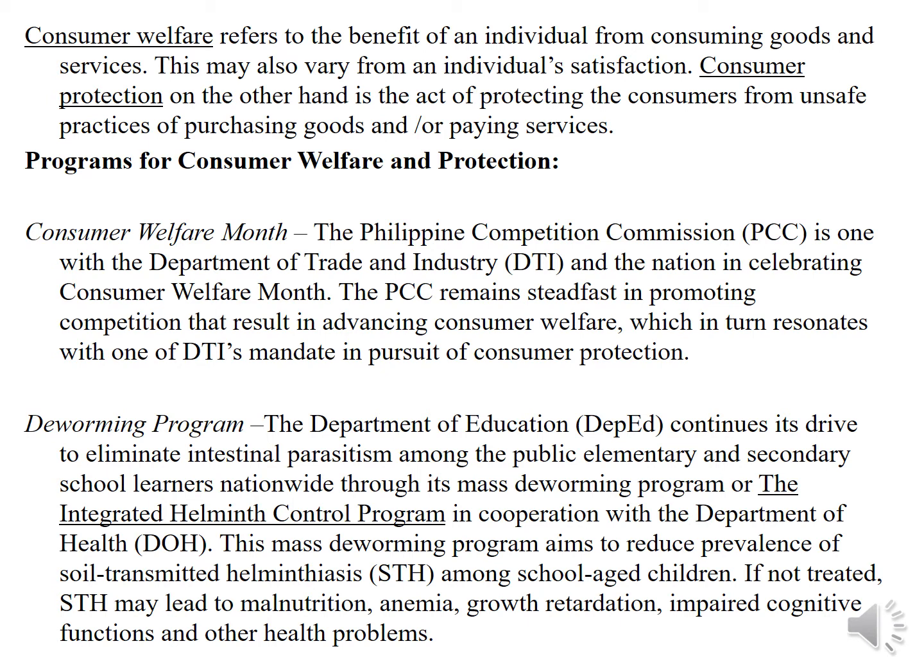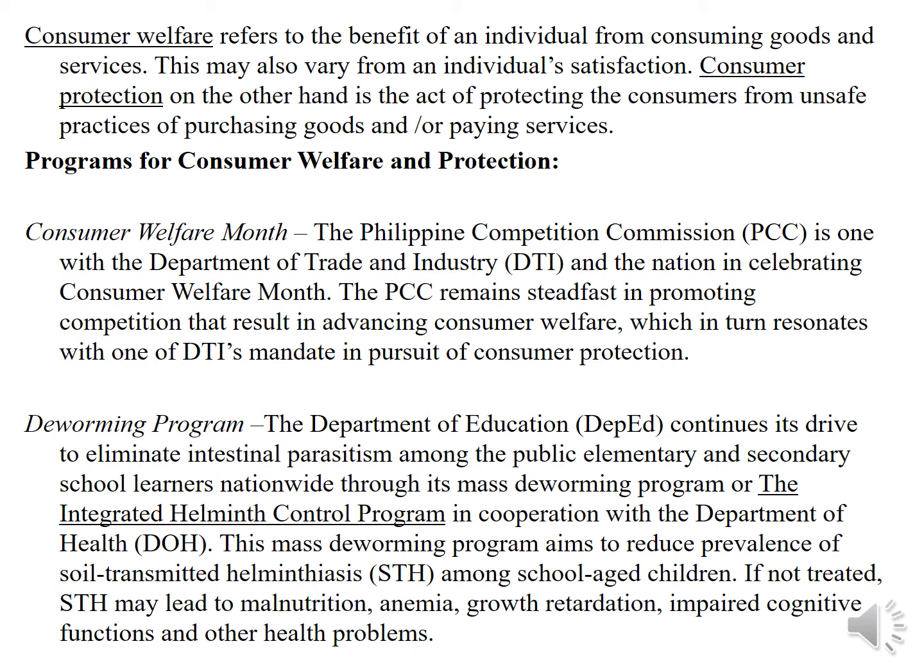Deworming Program. The Department of Education or DepEd continues its drive to eliminate intestinal parasitism among public elementary and secondary school learners nationwide through its mass deworming program, or the Integrated Helminth Control Program, in cooperation with the Department of Health or DOH.